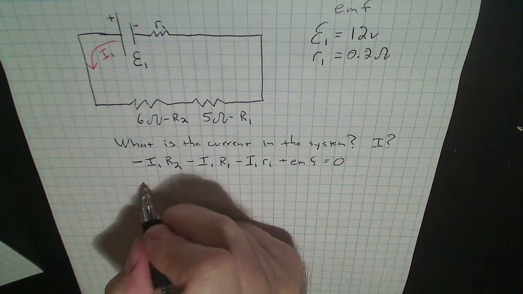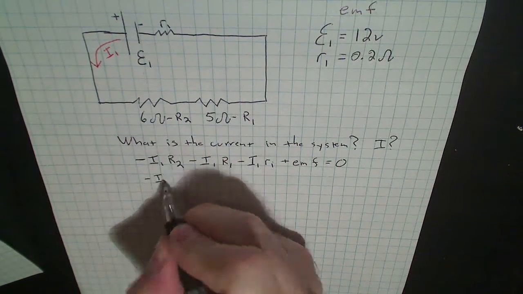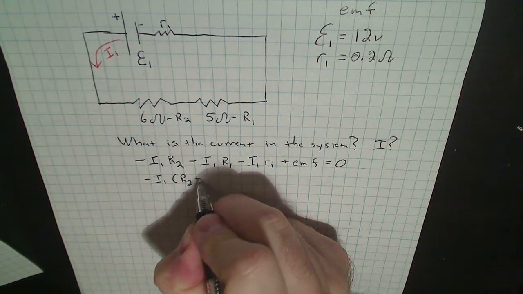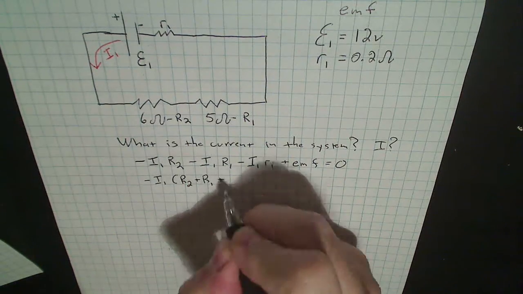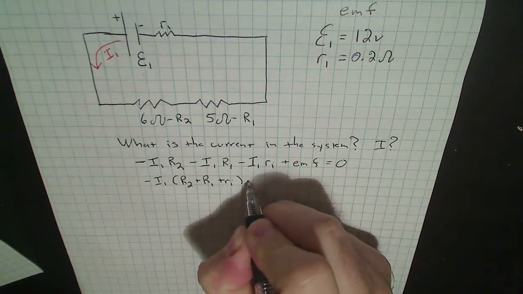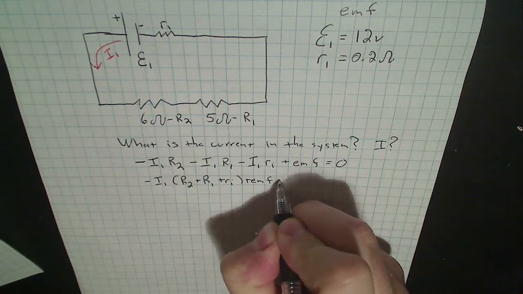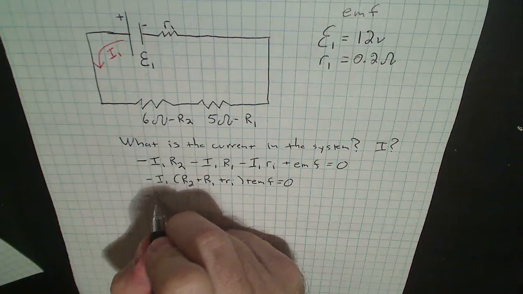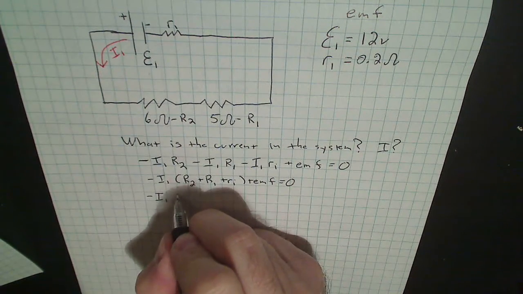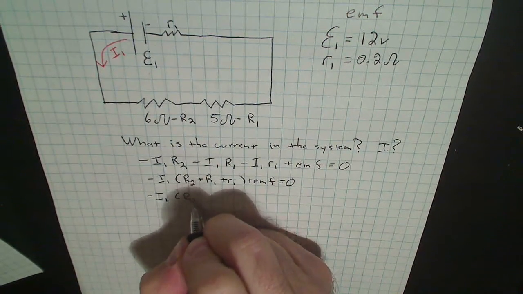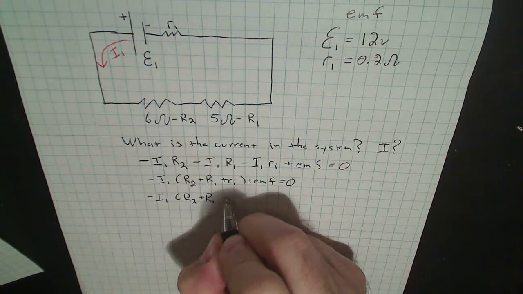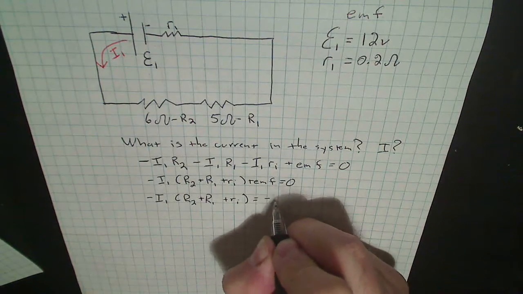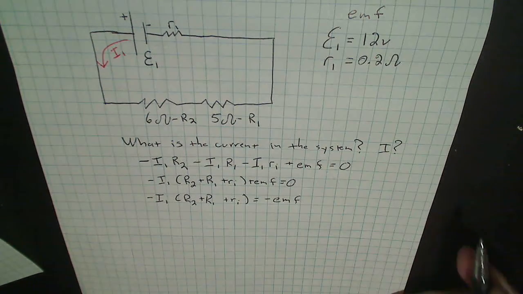So the next step is to solve for I1. We can pull out negative I1, so that we're left with negative I1 times R2 plus R1 plus r1, plus our EMF is equal to 0. We subtract the EMF from both sides to get minus I1 times R2 plus R1 plus r1 is equal to minus EMF.